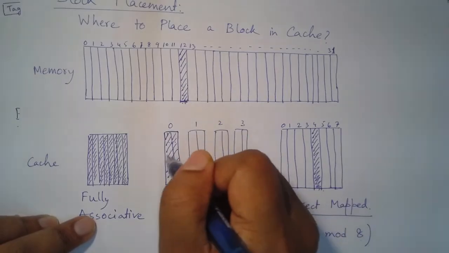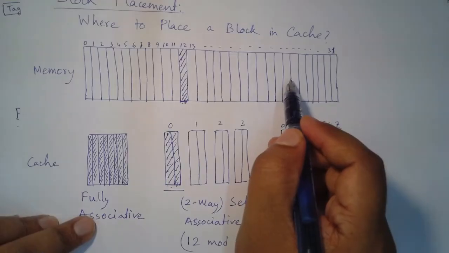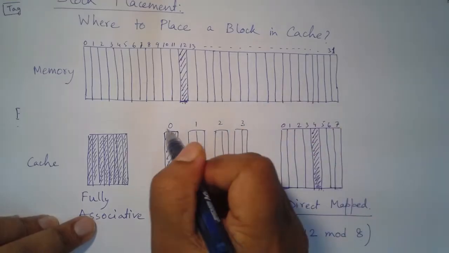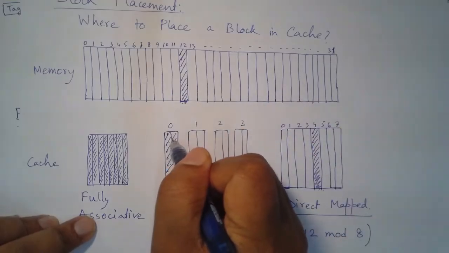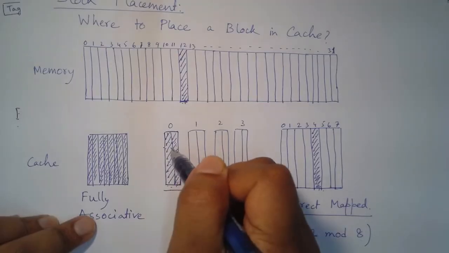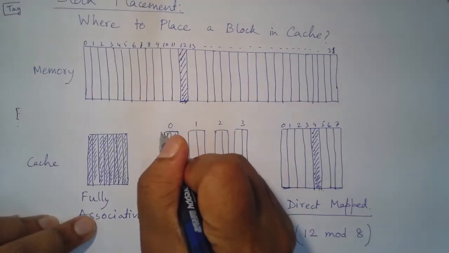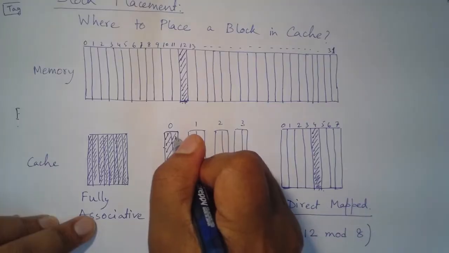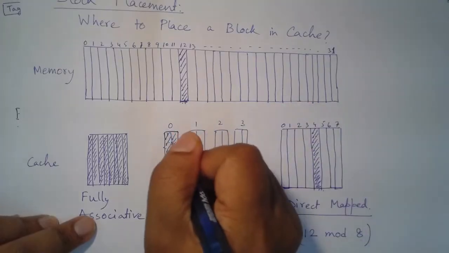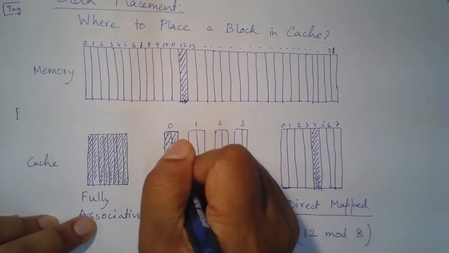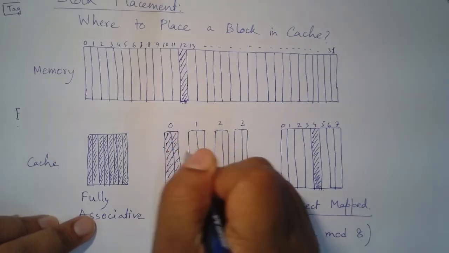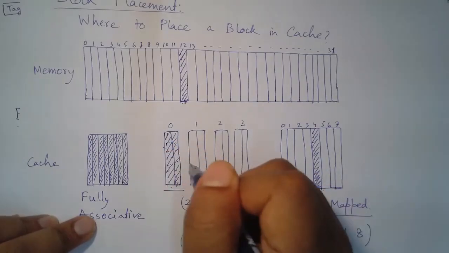Now, let us say I want to bring in block number 20. Block number 20 also should come to set 0. Now, I have to replace one of them. I have block number 12 here and block number 4 here. I need to bring in block number 20, so I have to first replace one of them. Which one should I replace? That is the question we have to answer.